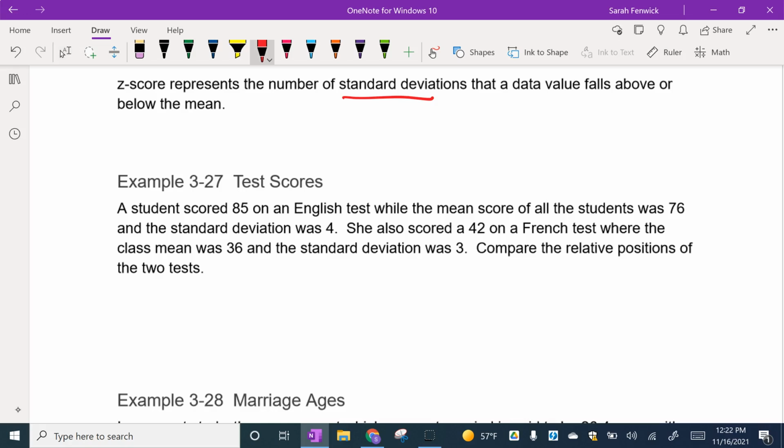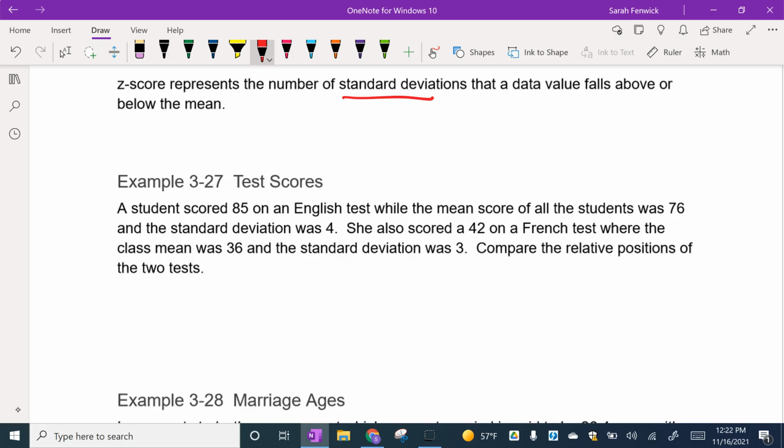So the student scored an 85. The mean score was 76. The standard deviation was 4. So all of these would be points on the test, right? So our mean is 76 points and our standard deviation is 4 points. When you convert to a z-score, the z-score does not represent any points. It represents how many standard deviations from the mean.